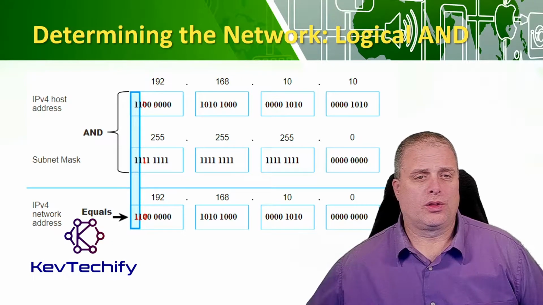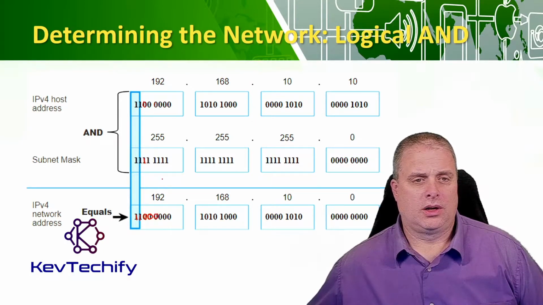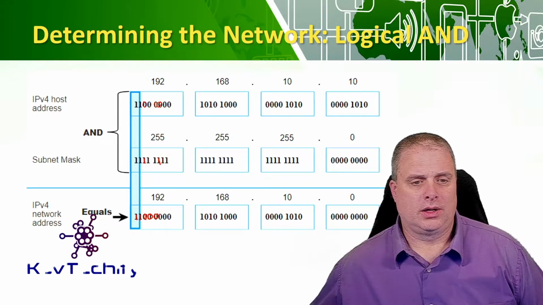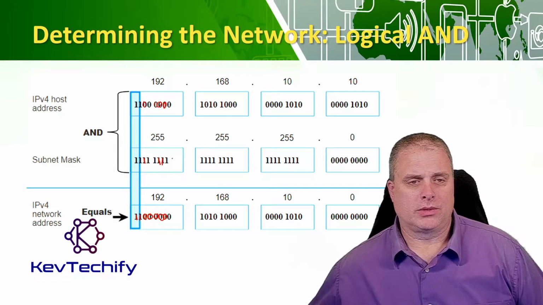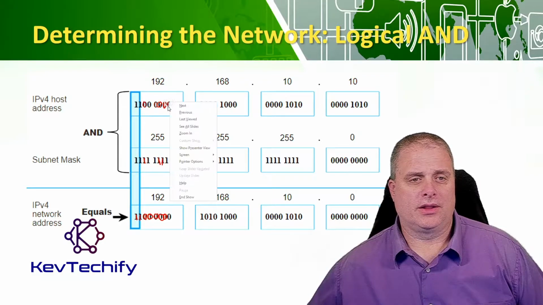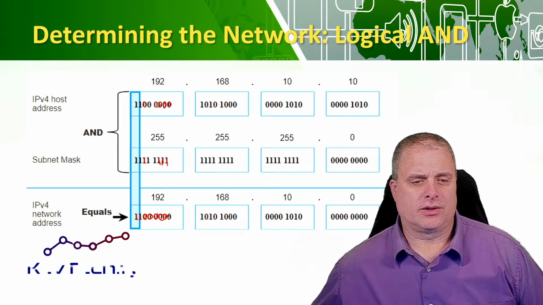And as we work through this, you're going to notice we have another 0 and 1, which gives us a 0. Then 0 and 1 comes down to here. And finally the last one, a 0 and 1. That gives us a 0 here.